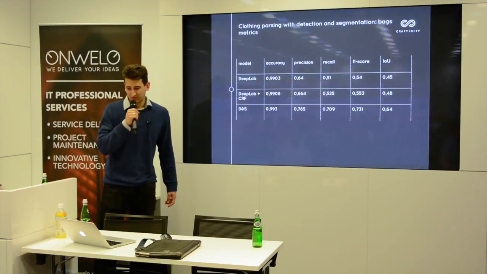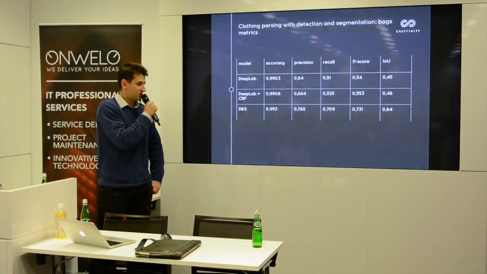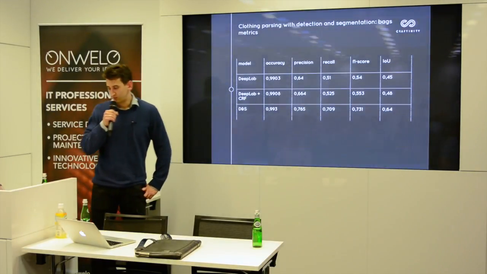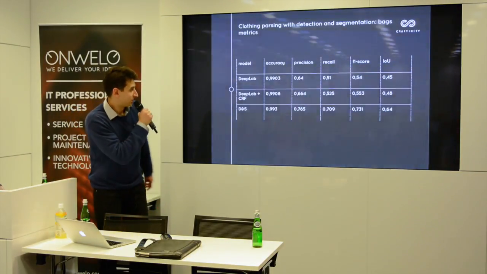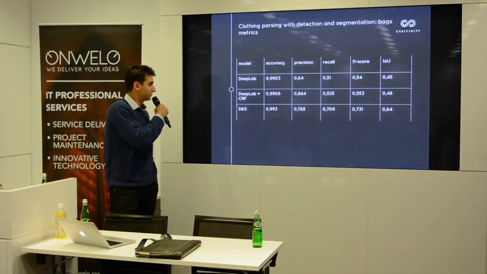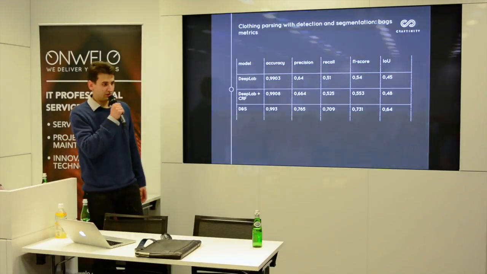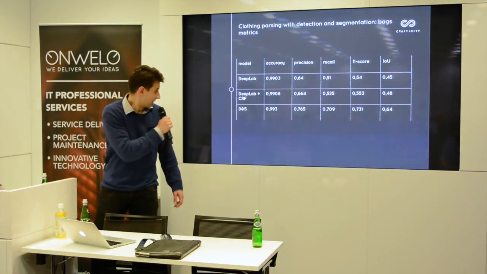And that's mainly because the detection of bags is very accurate, which is apparent from the previous slides. The mean average precision at the level of 93% is a really great result.